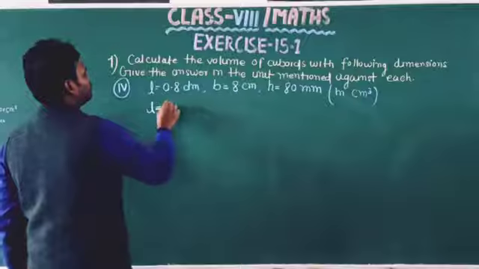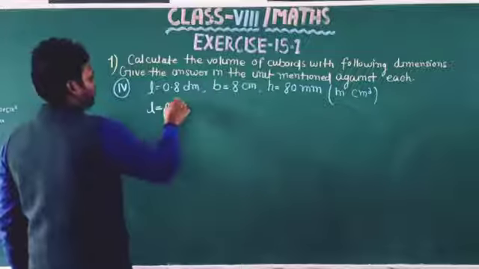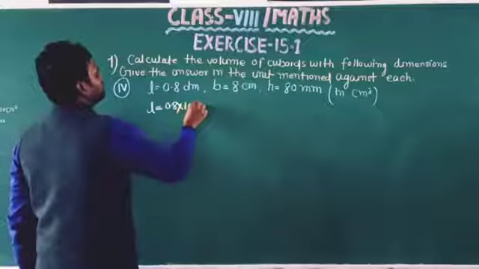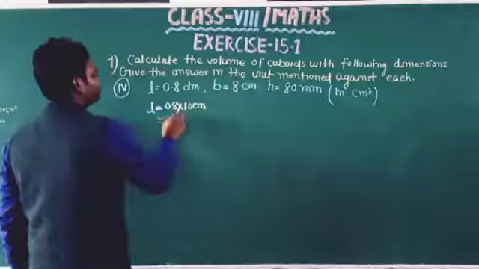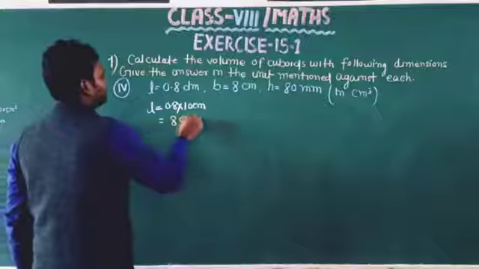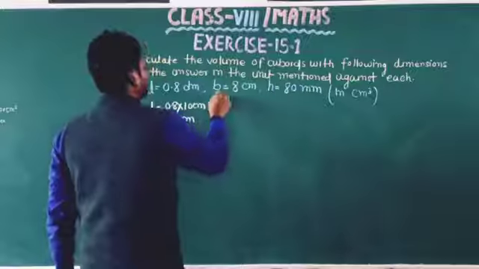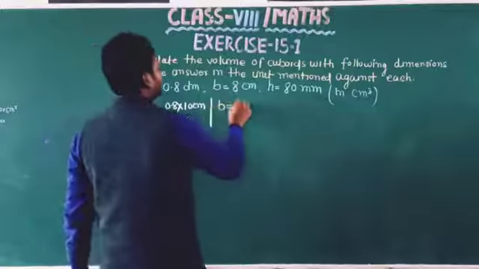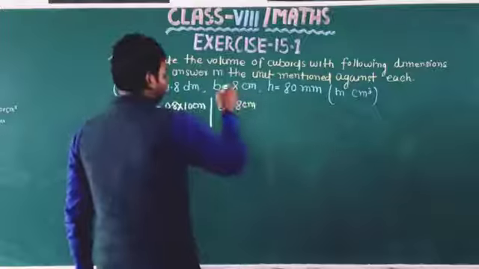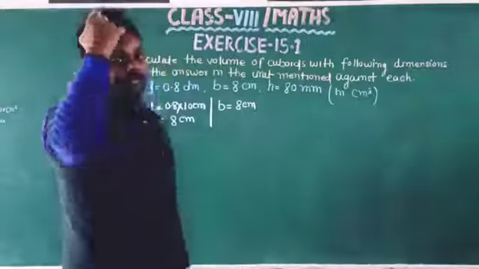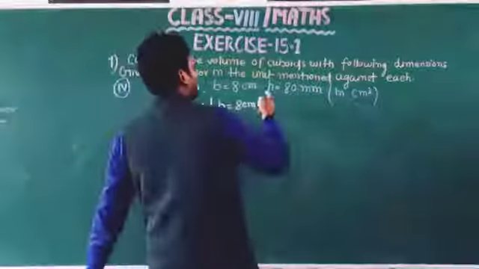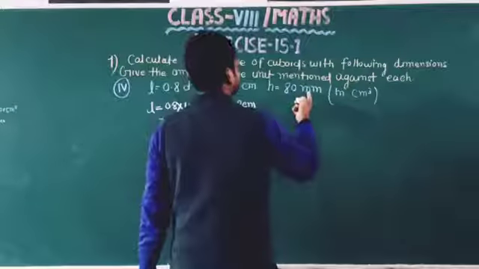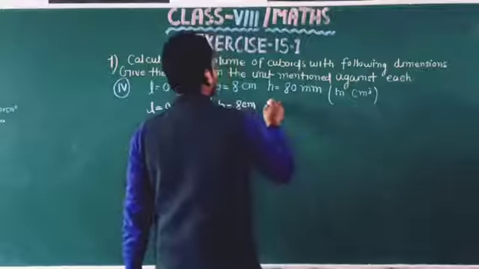So this is 0.8, and we know 1 decimeter equals 10 centimeters. So this is multiplied by 10 centimeter, equal to 8 centimeter. Breadth is already given in centimeter. So this is 8 centimeter, and height is not given in centimeter.